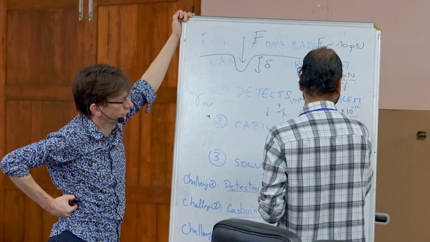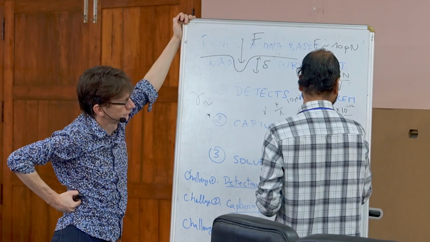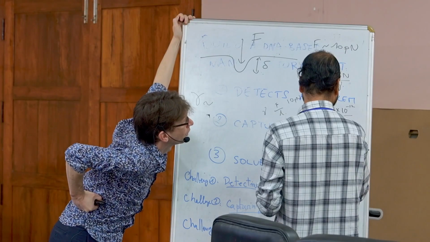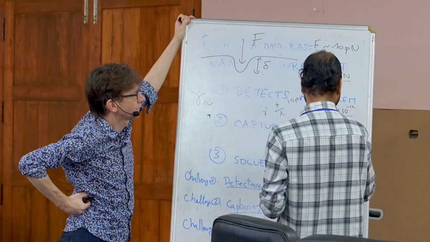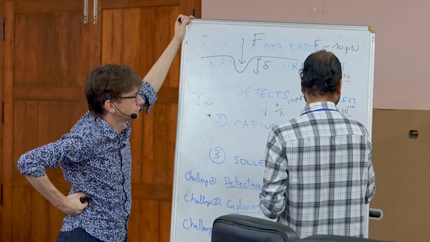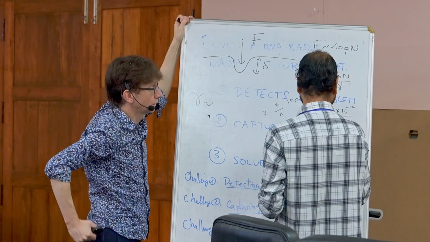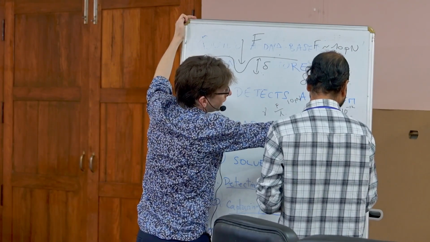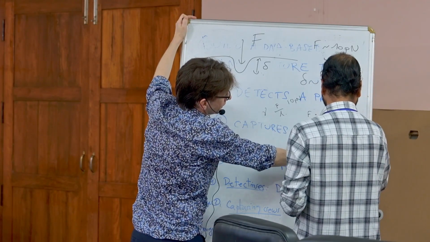Yeah, it's closer to 70. So you have 10 piconewton, 10 to the minus 12, so 10 to the minus 11 divided by 100 millinewton per meter.